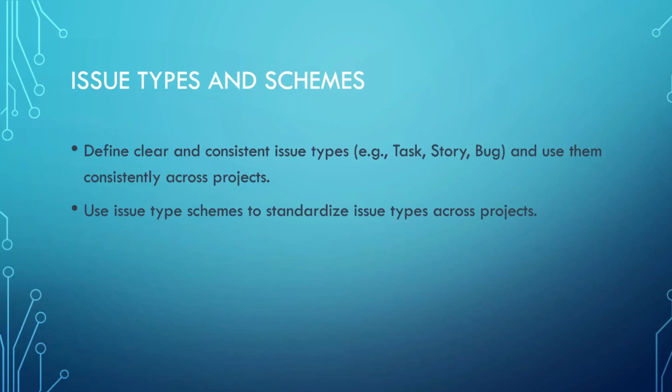There could be tasks, stories, bugs, but let's say you create another issue type for your project. You want to make sure that the issue type you have created is being used within your project, and to use issue type schemes to standardize issue types across the projects.